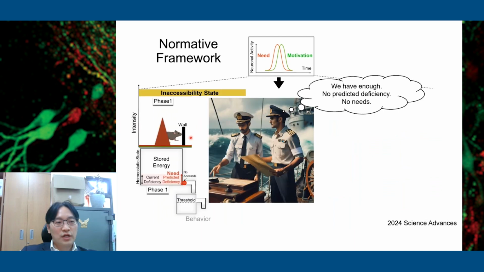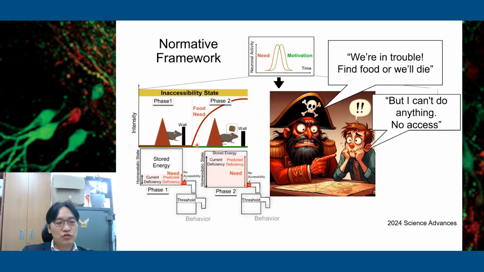Yeah, so I have thought about this, and for the energy, when you have enough energy, then you don't have any need and you don't have any motivation. But as soon as you go on and deplete your stored energy, you don't have enough energy, so you have high need. But since you cannot do anything, there's really no motivation to do anything.